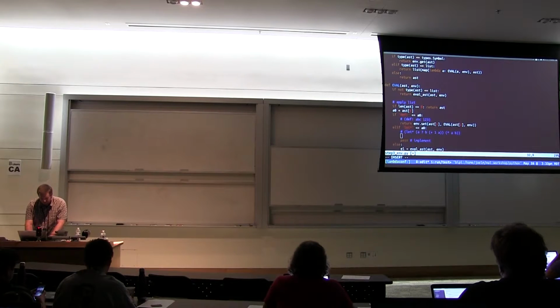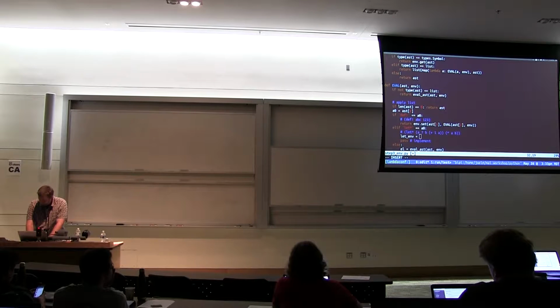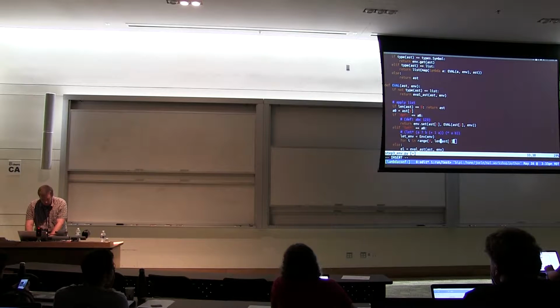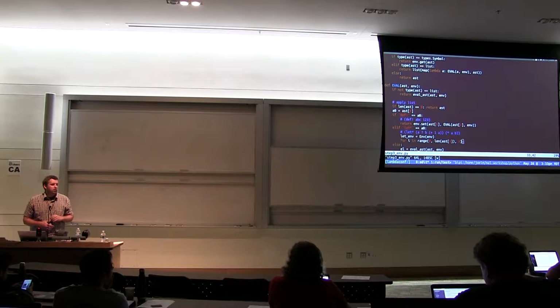Just as an example. All right, so how are we going to do this one? The first thing that let does is create a new environment. Its parent is the current environment. So then what let does, I'm going to iterate over all the odd values in the binding list.